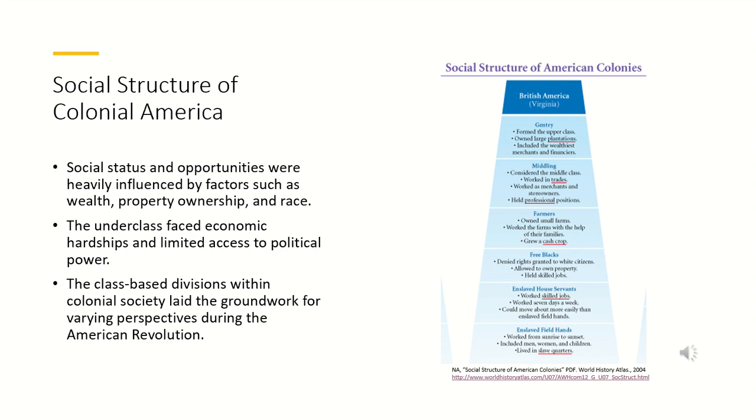The middle class was skilled artisans, small landowners, and professionals. They enjoyed a degree of economic stability and social mobility. The underclass, which was the focus of our analysis, was made up of diverse subgroups, including small farmers, laborers, and enslaved individuals. They faced economic challenges and limited access to political influence.